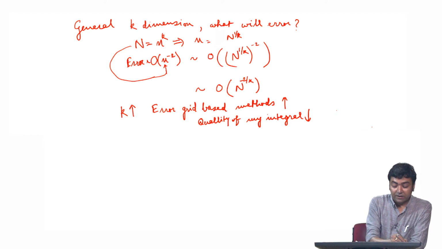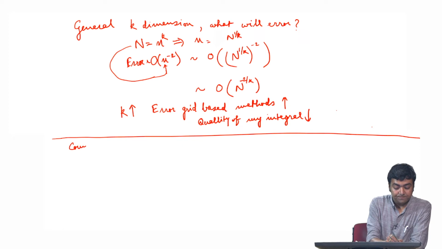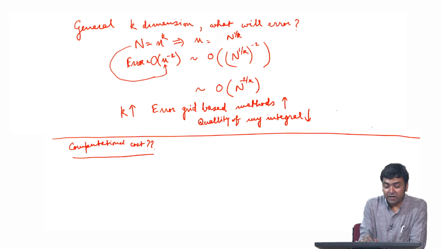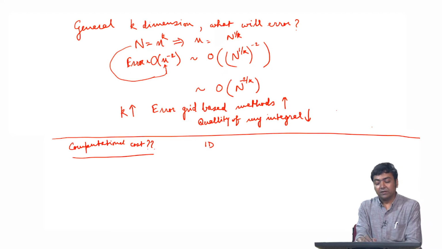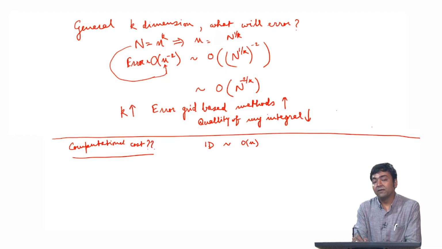Now, the second thing is what about the computational cost? So, for the 1D case, your computational cost scales as of the order of n, because you are evaluating the function at n different points.